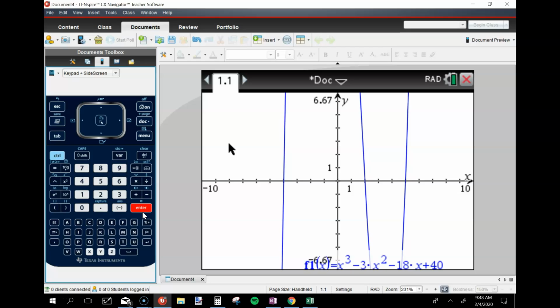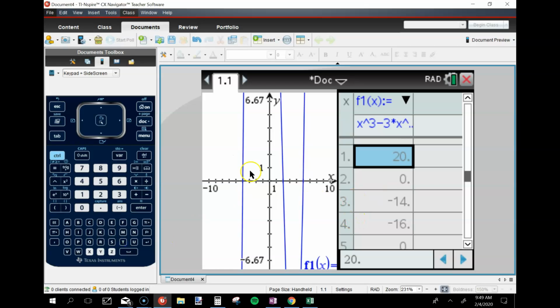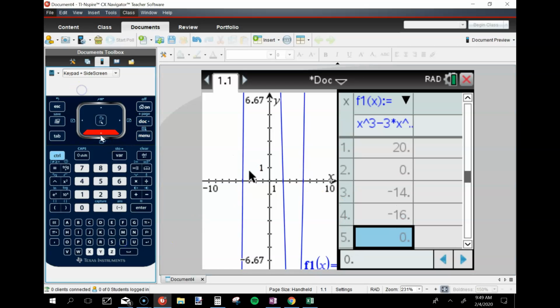All right, got that. And why did I put that in the calculator again? Because I want to know what point I'm going through at 6, right? And go to my table. And let's see what happens. At 6, I'm going through 40, right?